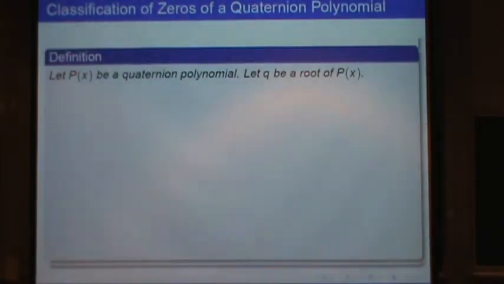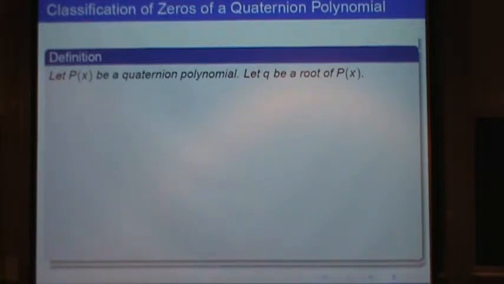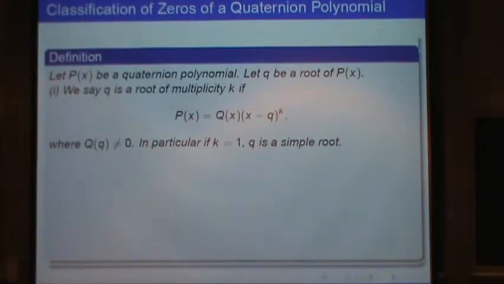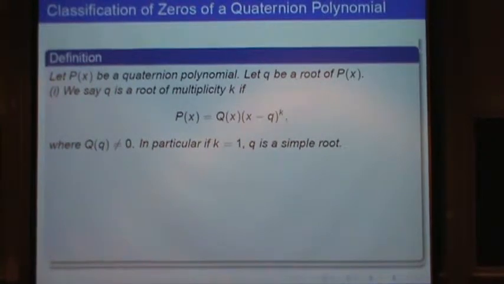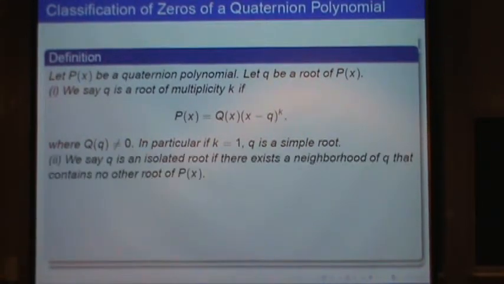Classification of zeros of a quaternion polynomial. Here is one way that one can define the roots. We say a root is of multiplicity k, just like the complex case, if p of x factors into q of x times x minus q to the k, and a simple root if k is equal to 1.